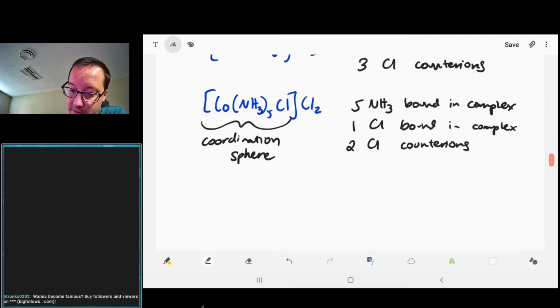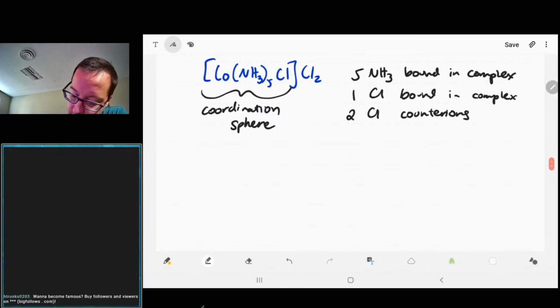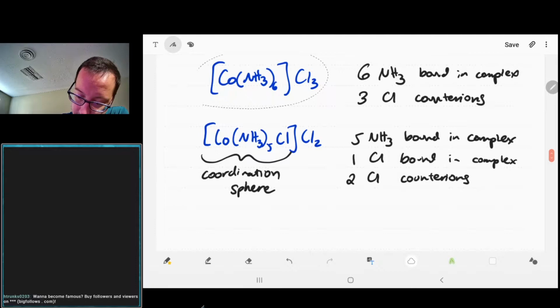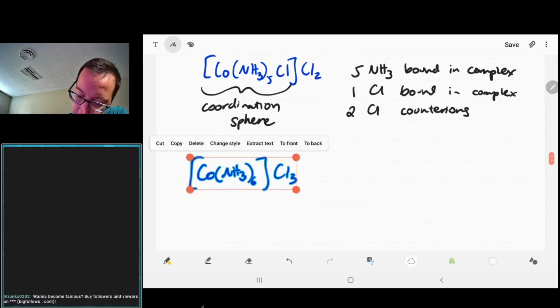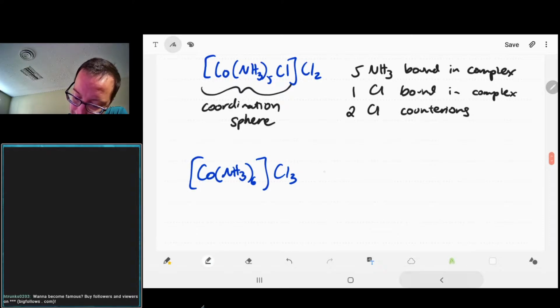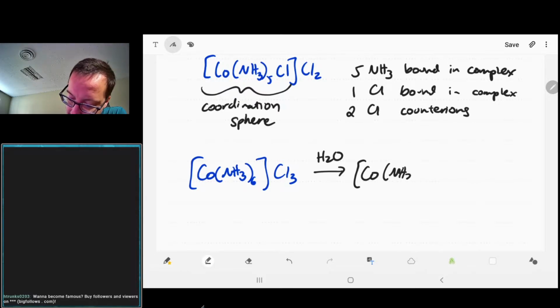So if you were to take this first compound, let me just copy it, and dissolve it, you would end up with your complex ion. What's the charge of this, by the way? Hopefully we can tell that this is a charge of 3+. Obviously we have 3 chloride counter ions, telling us that therefore it's going to be a 3+ charge overall.